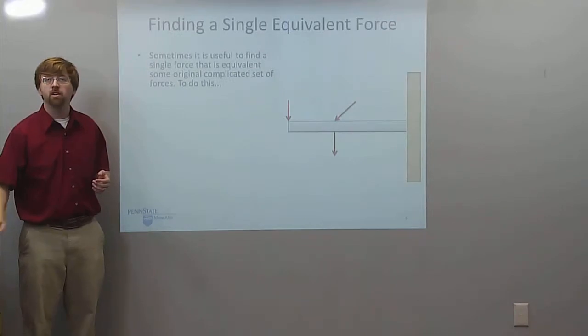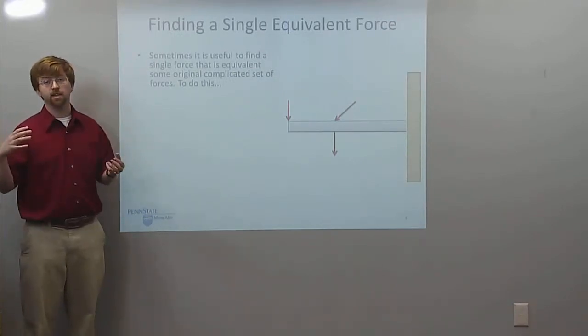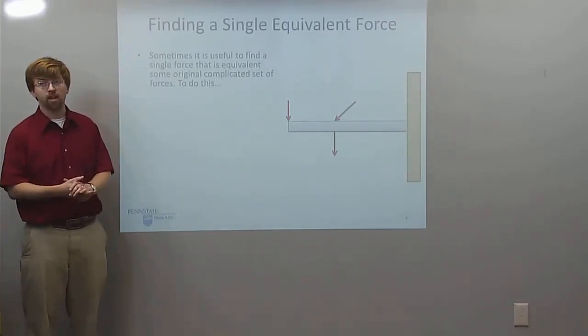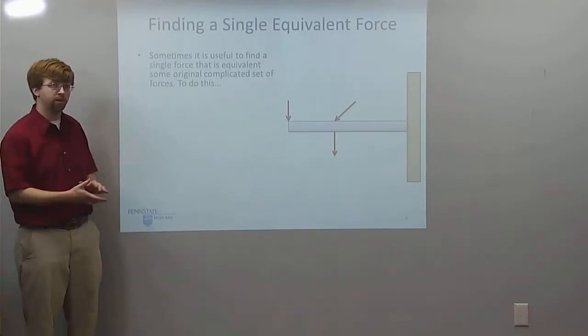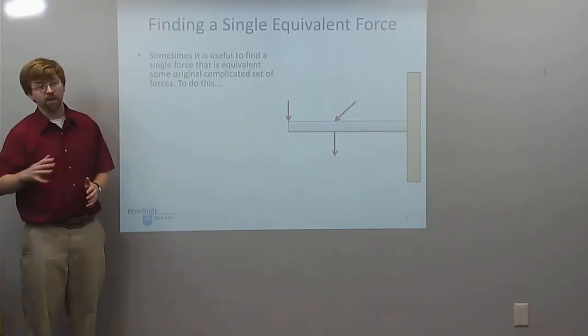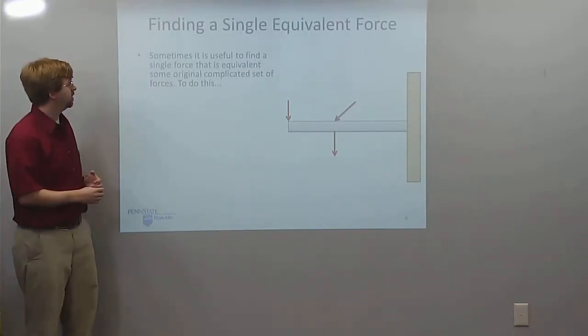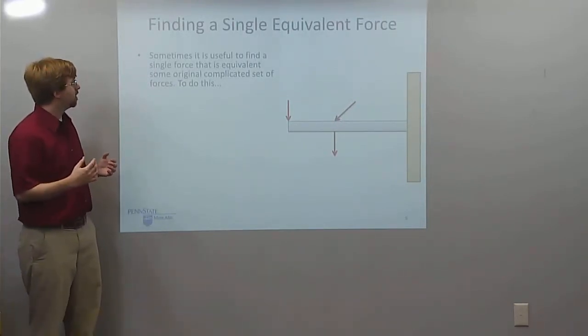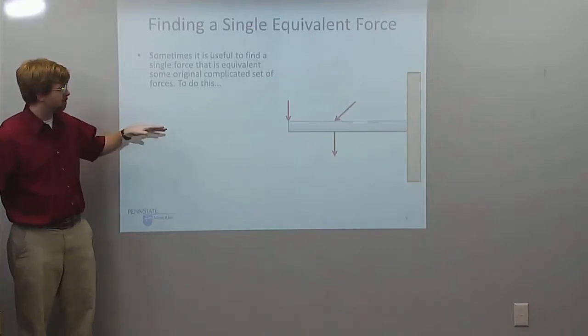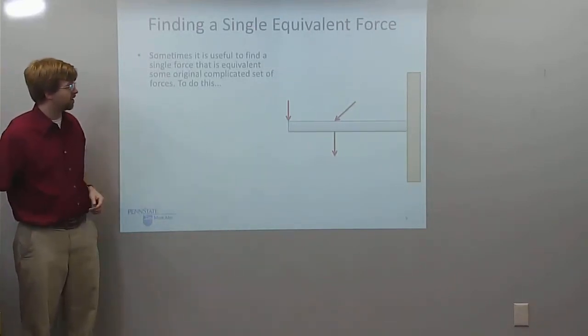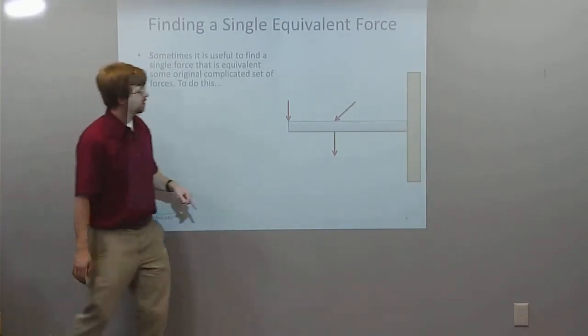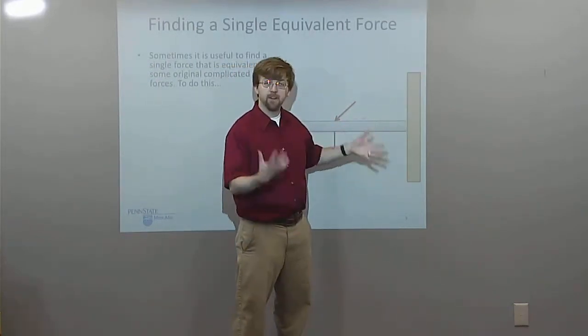But what if we want to find a single force that's going to be statically equivalent to some complicated loading scheme? So I want to find that one force that would fit into a statically equivalent system. So to do this, I've got my original scenario. I've got three forces acting on this beam. It's anchored into the wall, so this is a fixed connection.